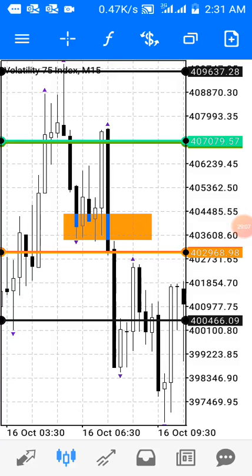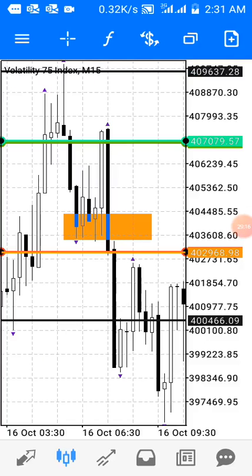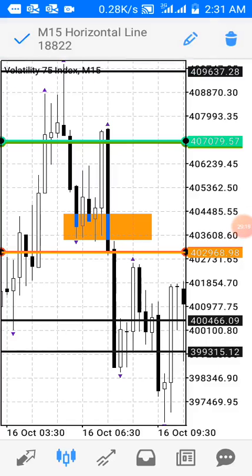Now the stop loss. I'm going to draw another line this time around. Let me change the color to purple.